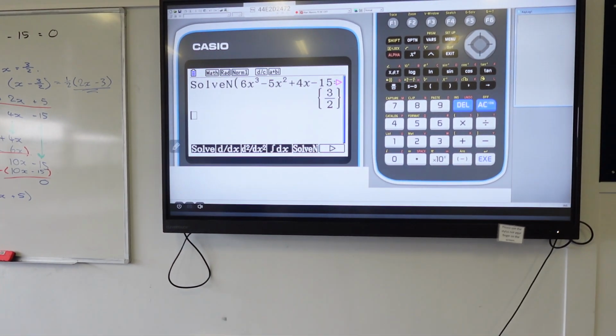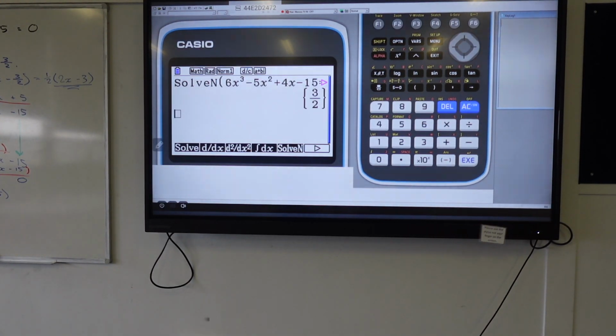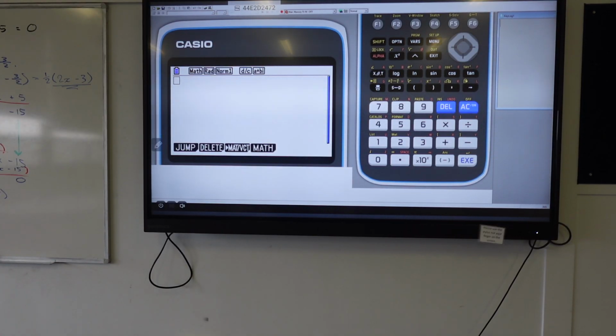Okay, so we go for our calculator. We make sure that we are in complex mode and we simply type in our values.